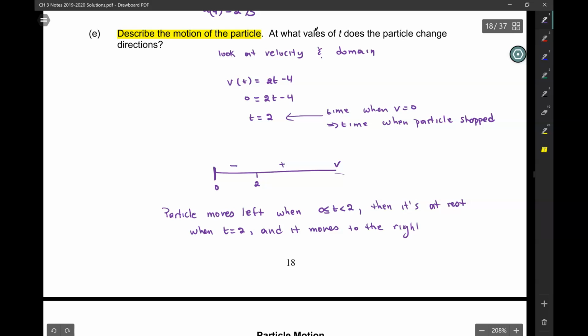You can also add, it changes direction when T equals 2.